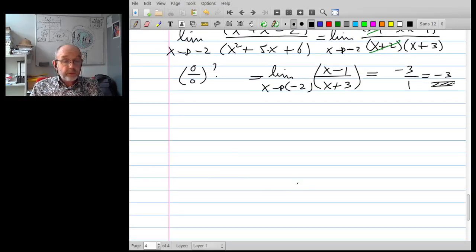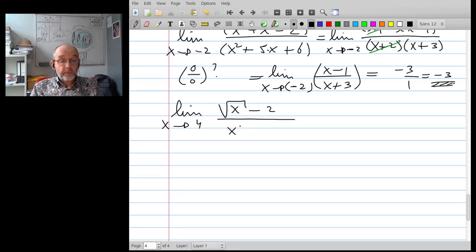So you can go on with all kinds of limits. For instance, x going to 4 of the square root of x minus 2 divided by x minus 4, and here we do not have a polynomial anymore. The polynomials are just powers of x, so x to the power 1, x squared, x to the power 3, but the square root of x is not a polynomial.